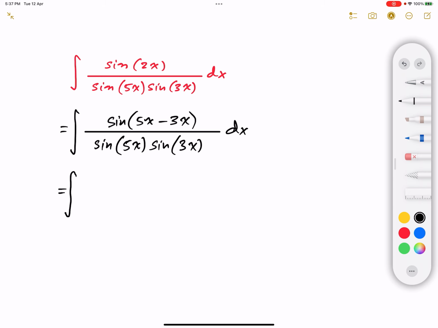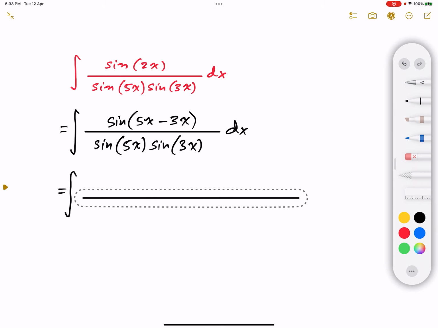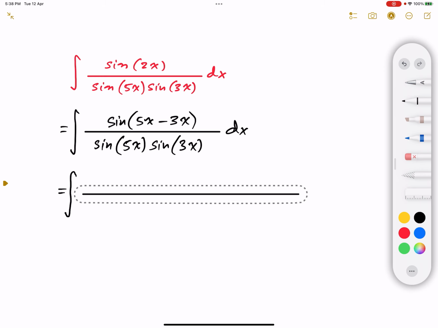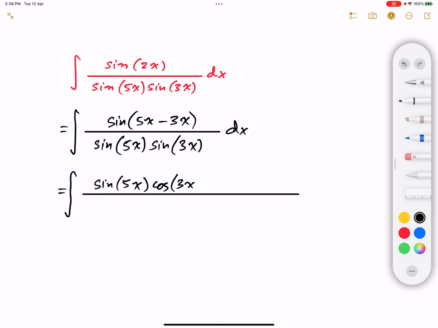That's going to give us sine 5x cosine 3x minus cosine 5x sine 3x, divided by exactly the same denominator, which is sine 5x sine 3x, of course dx.